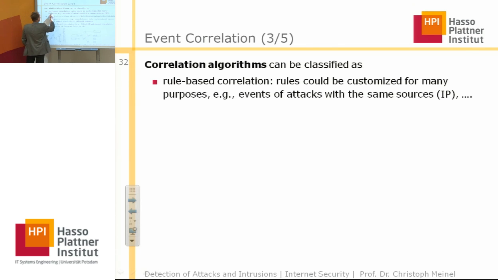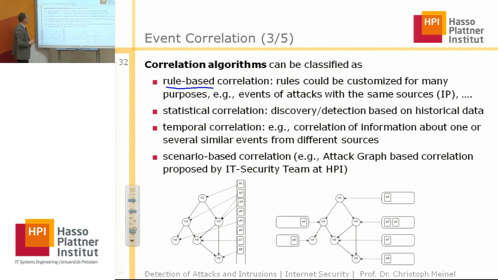They can work rule-based, where the rules could be customized for many purposes, for example, events of an attack with the same source, recognizable by a common IP address and others. Then statistical correlation: the detection is based on historical data and the comparison with historic data.